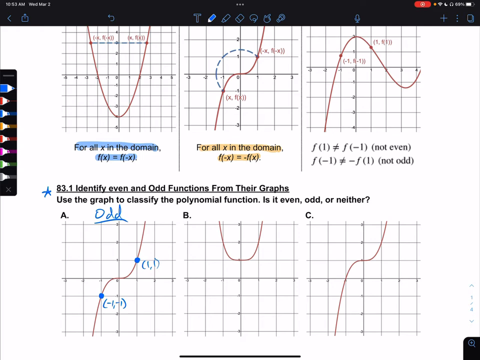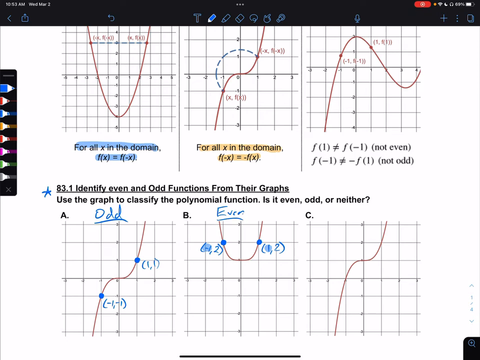In part B, again, pick a point that you can see on the graph. In this case, we have 1, 2. That point would be reflected on this side, and this would be negative 1, 2. Notice that your x values are the opposite, but your y values have stayed the same. So this is your signal that this is an even function.